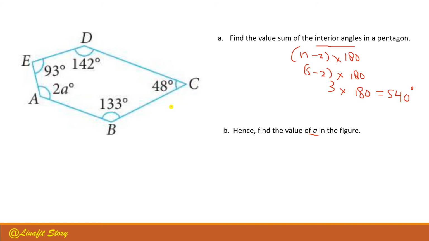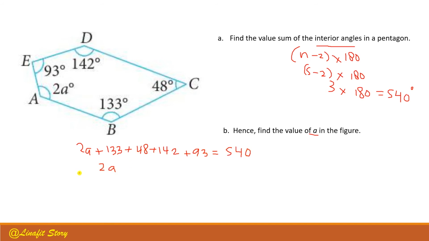We will find A. So angle A plus B plus C plus B plus C is equal to 540 degrees. So 2A plus 133 plus 48 plus 142 plus 93 is equal to 540.